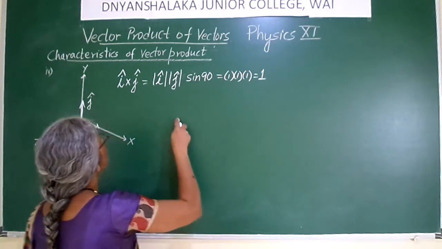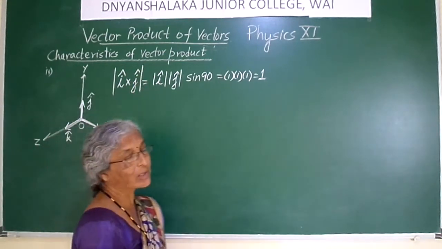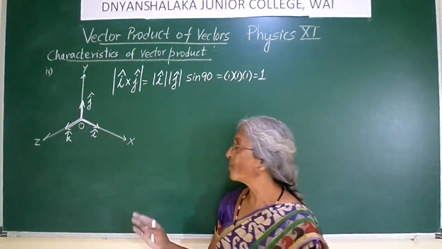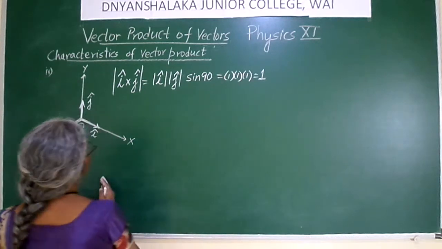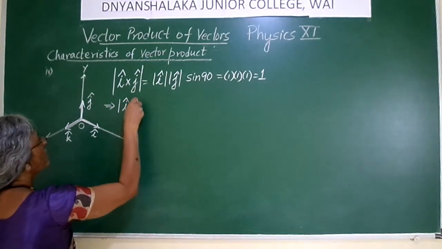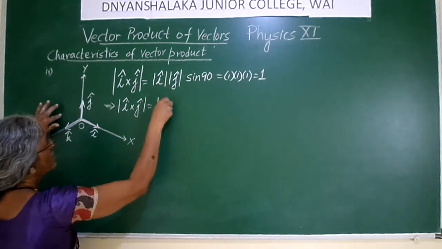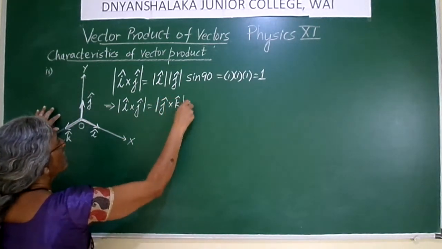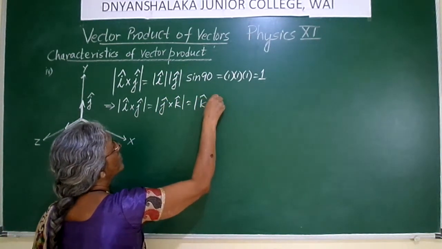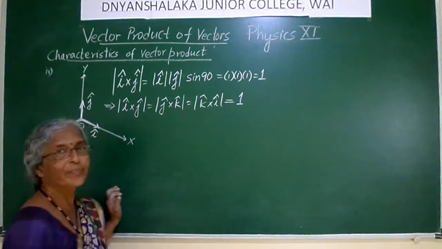Getting it? So the magnitude of vector i cross vector j is equal to the magnitude of vector j cross vector k, which is equal to the magnitude of vector k cross vector i, or the other way round, and this value will be equal to 1.